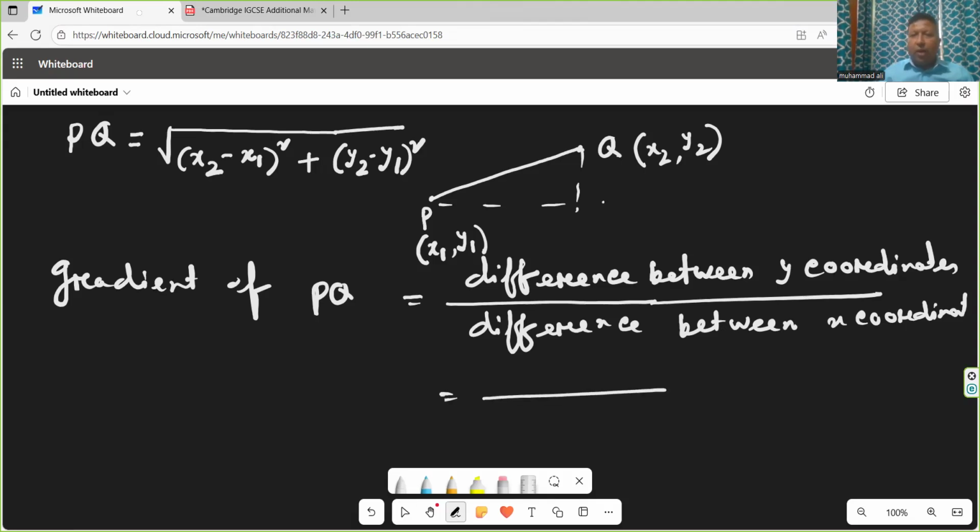Here the y coordinates are y2 and y1, so we have to write y2 minus y1. If you write y2 minus y1, we have to write x2 minus x1. So this is the gradient of PQ.